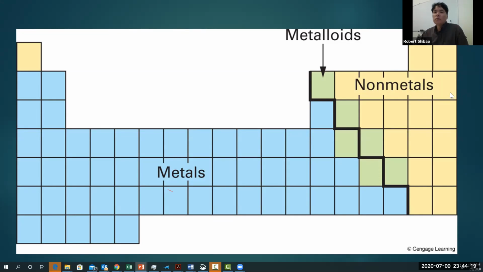It turns out one of the properties, let me tell you the chemical properties of metals. One of the chemical properties is that metals tend to lose electrons when they undergo chemical reactions. And so they tend to lose electrons when they react.